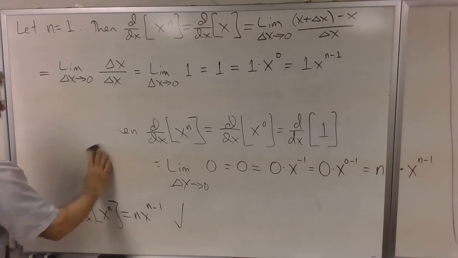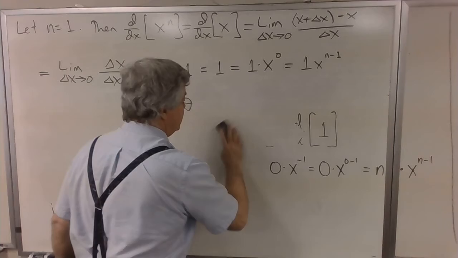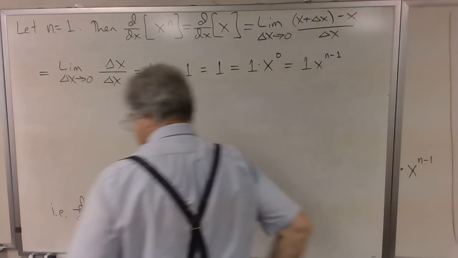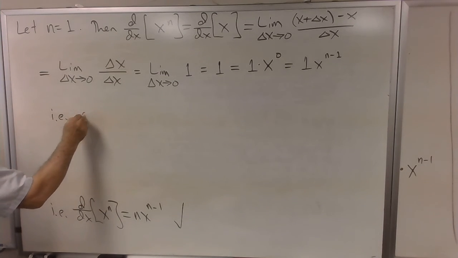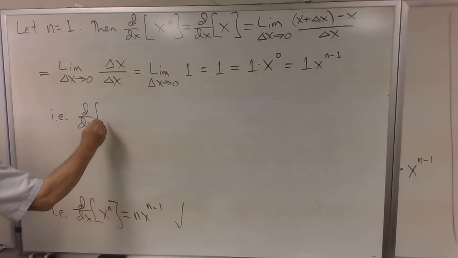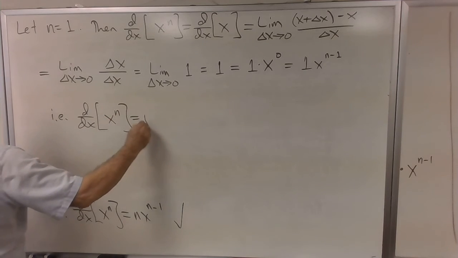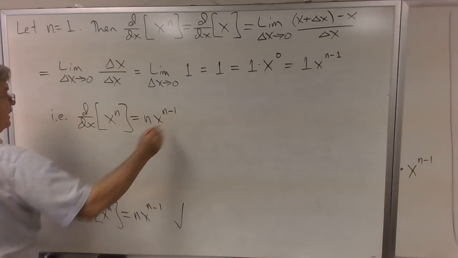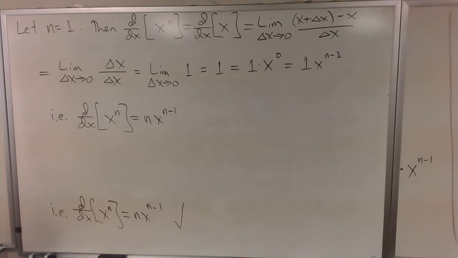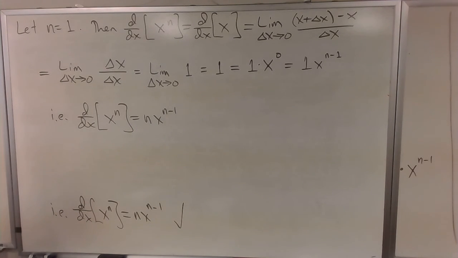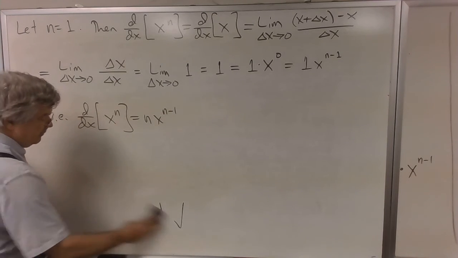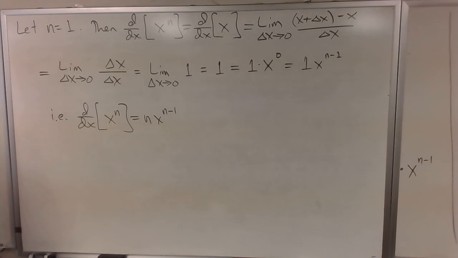So when n is 1, here's what I just showed. Derivative of x to the n is n times x to the n minus 1. So I've shown this true for n equals 0 and for n equal 1. Now I want to do the general case.